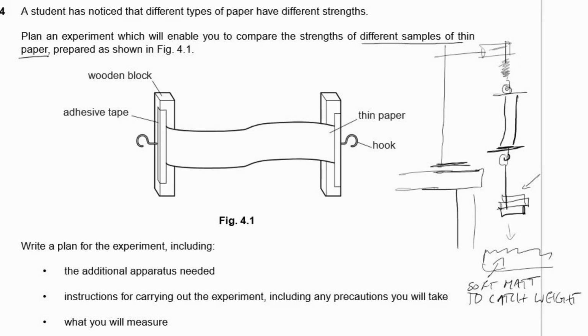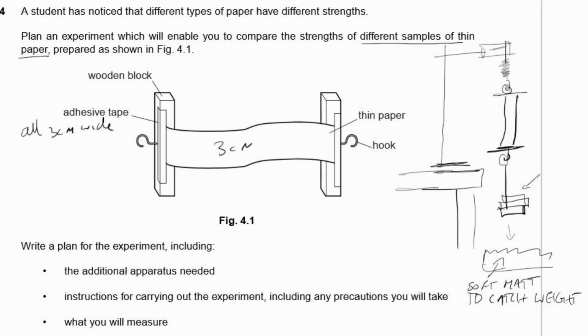We might just have to do several measurements for the same width of paper. We'd probably expect them all to have the same thickness and the same length. But one set where we're measuring the breaking weight several times would probably give us a really nice set of results. So maybe we might end up with a situation where it's all 3 centimeters wide, for example.